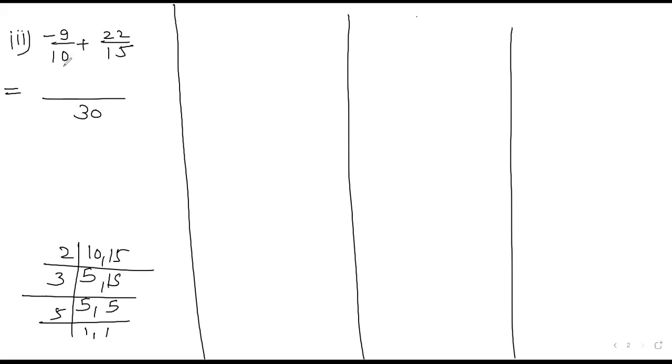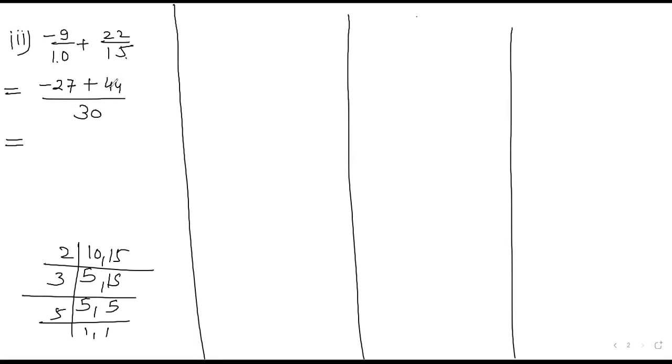Okay, now 10 is divided into 30 gives you 3, into 9, that will give you 27, and minus sign is there. Okay, now 15 is divided into this LCM 30, gives you 2, multiplied by 22 gives you 44.